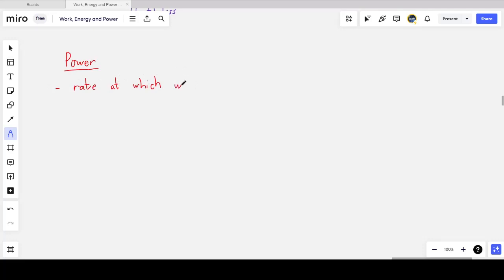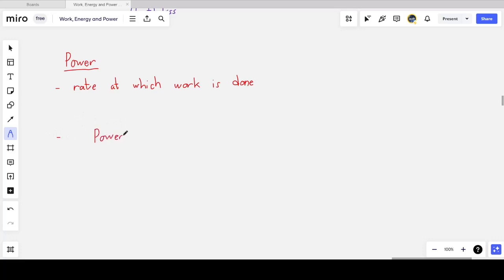The rate at which work is done. Please note I'm saying that it's the rate at which work is done. Do not say rate at which work is done per unit time. The word rate already infers that we are saying per unit time. So the word rate includes per unit time in it.